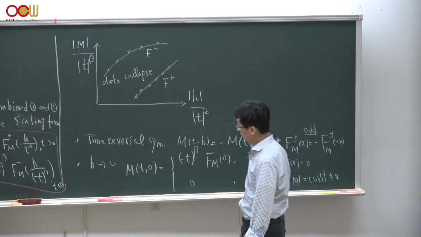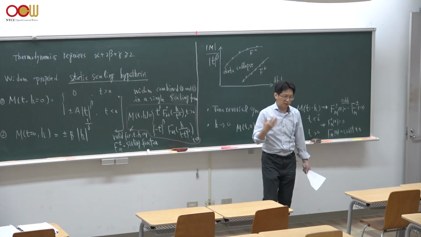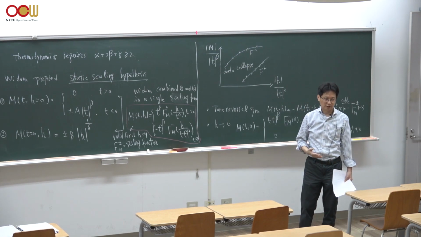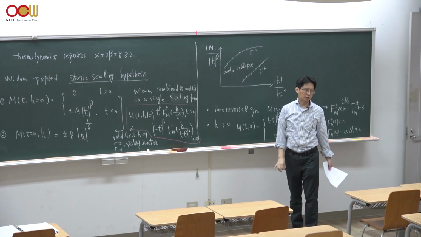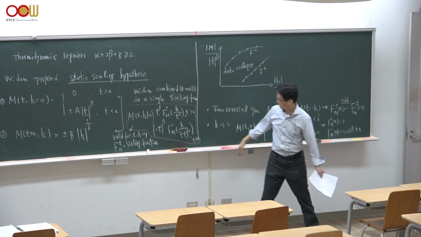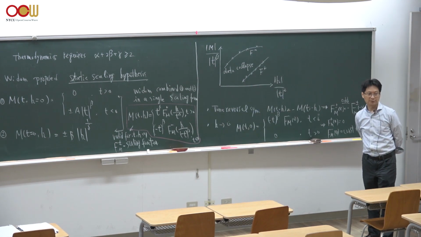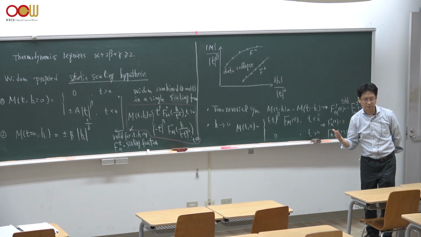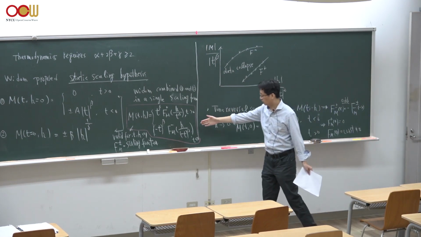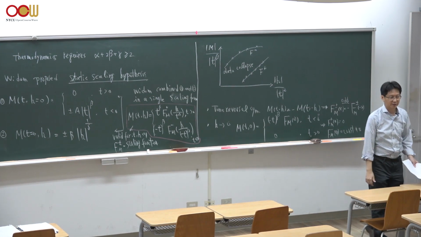And you can see that on the two sides of the transition, the scaling form shows the same general feature, except now this F plus and F minus functions are two different functions, but in this functional form above and below the transition, they all look the same, okay? Which means that above Tc and below Tc, I could consider magnetization behaves in a similar or exactly the same way. Of course, the F plus and F minus functions are two different functions, but this functional form is identical, okay?